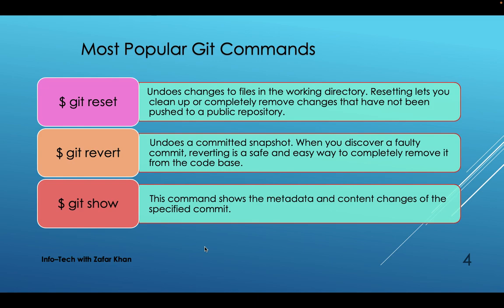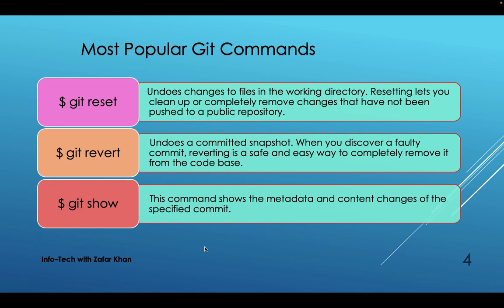For example, if you created a file and added it into the staging area, and all of a sudden you realize you made a mistake and want to change the file, then you can use this reset command. It's a very simple one. You will just put the git reset command with a dot. I will show you later.